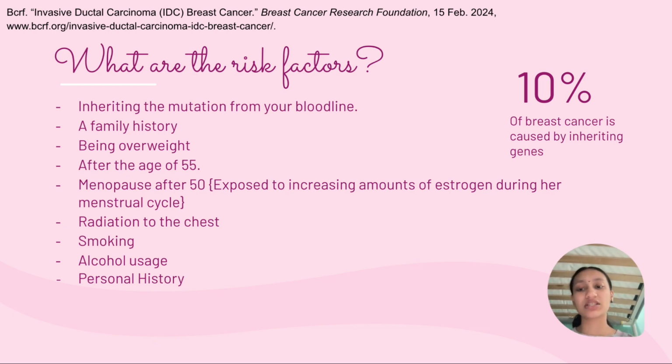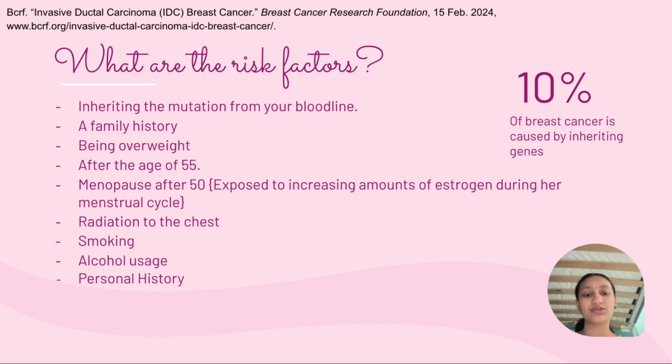Late menopause is considered a risk factor for breast cancer because women who experience menopause at a later age are exposed to higher levels of estrogen for a longer period of time. Estrogen can stimulate the growth of breast cells, and prolonged exposure to estrogen increases the risk of breast cancer.